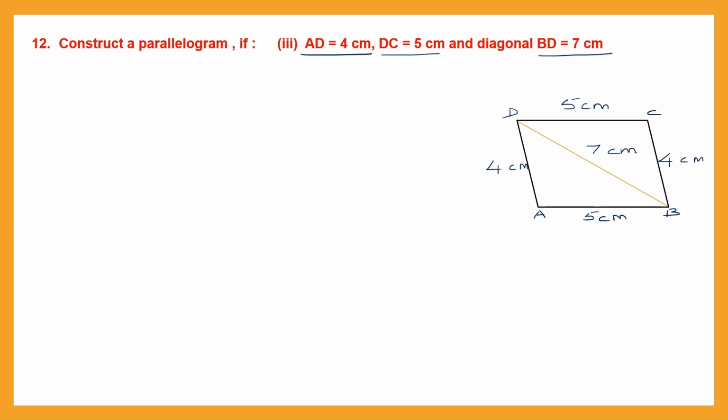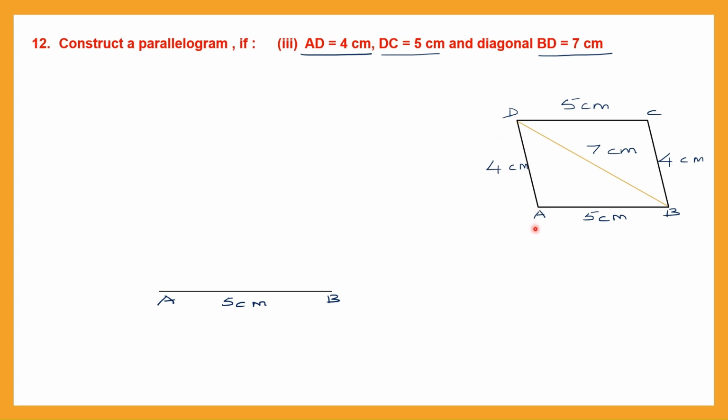Now looking at this, we can get our actual figure. So let's begin by drawing the base. AB is equal to 5 centimeters. So take 5 centimeters and draw with the help of your ruler and name it AB. So this is AB and this is 5 centimeters. Now from A, we're going to draw a 4 centimeter arc to make AD.